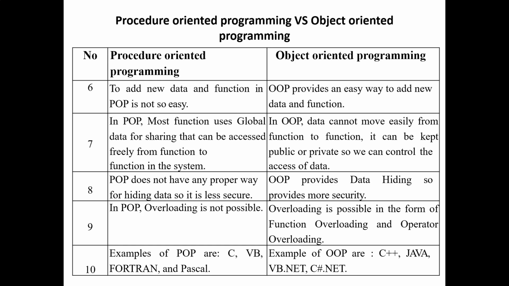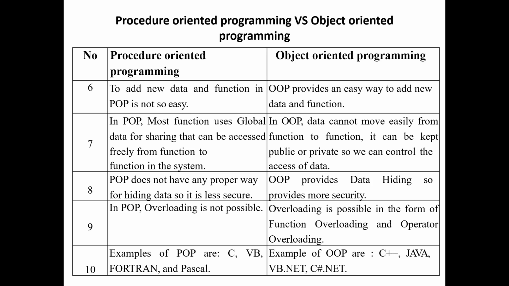POP does not have any proper way for hiding data, so it is less secure. While in OOP, as we will learn in Java, we have access specifiers public, private, and protected. So in that way, we can do data hiding. In POP, overloading is not possible, while in object-oriented programming, we can overload functions and we can also overload operators and constructors.